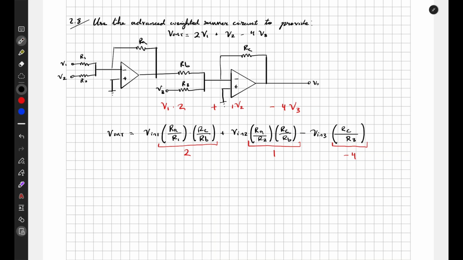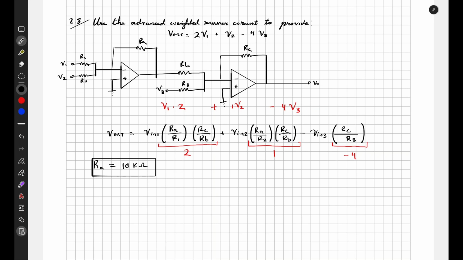So let's start with RA, because RA is the first feedback. You can pick any value you want for RA. The textbook starts with picking this to be 10 kiloohms as an initial guess. So we'll just follow that and work along.